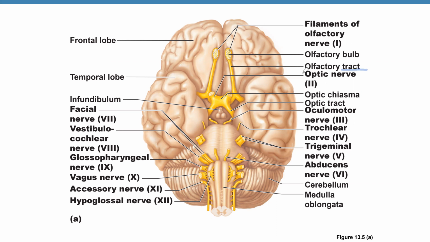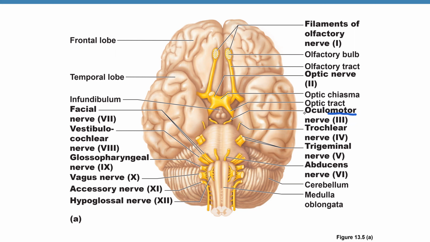The second nerve is the optic nerve, number 2. So here's the optic nerve, another optic nerve. Then they cross in the middle, and this area where they cross is called the optic chiasma, and then they continue as the optic tract. Okay, number 3 is the oculomotor nerve. So it's right there.